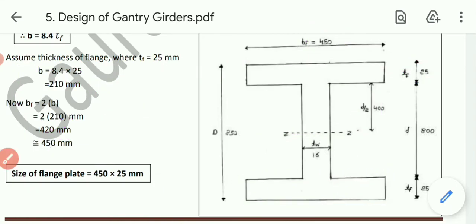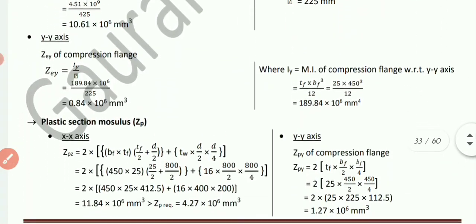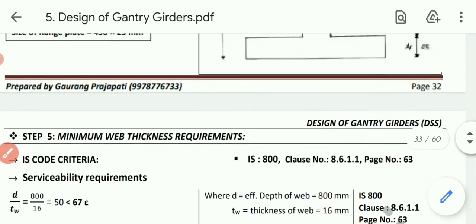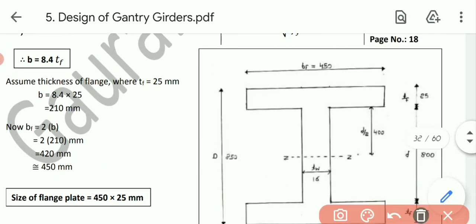So that's the flange criteria. Okay, we can see over here, just a minute. Yeah, see, 450 into 25 whole multiplied by 25 by 2 plus 800 by 2. So that's the criteria.